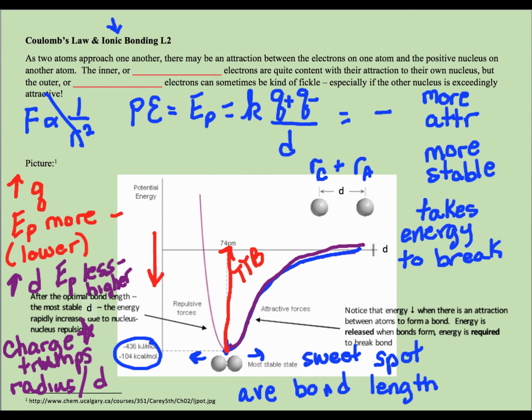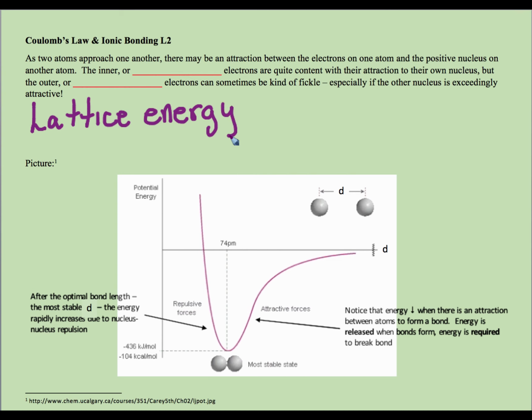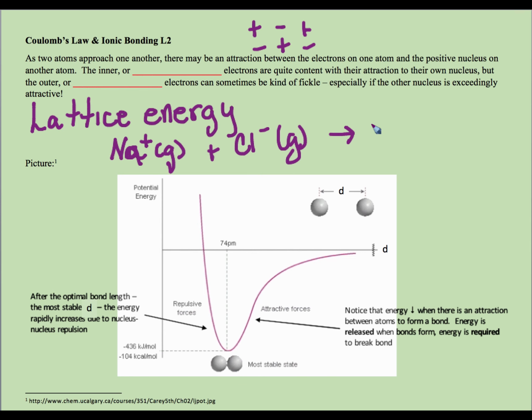A couple things I want to mention before we're done. With ionic compounds, we will often relate this to the lattice energy. We use the word lattice because ionic compounds are alternating positive and negative charges in a lattice. That lattice energy is defined in terms of, I'm going to use sodium chloride as an example, gaseous ions forming the solid sodium chloride.